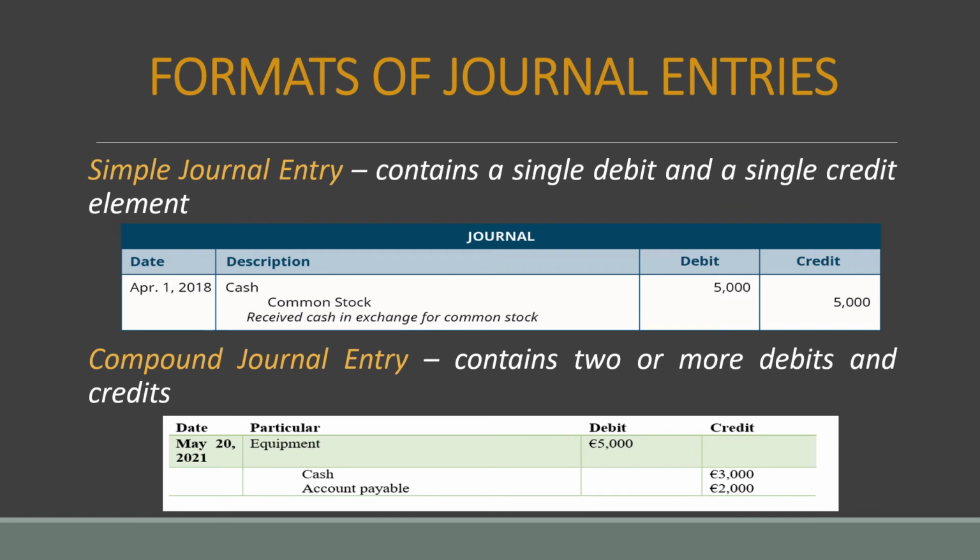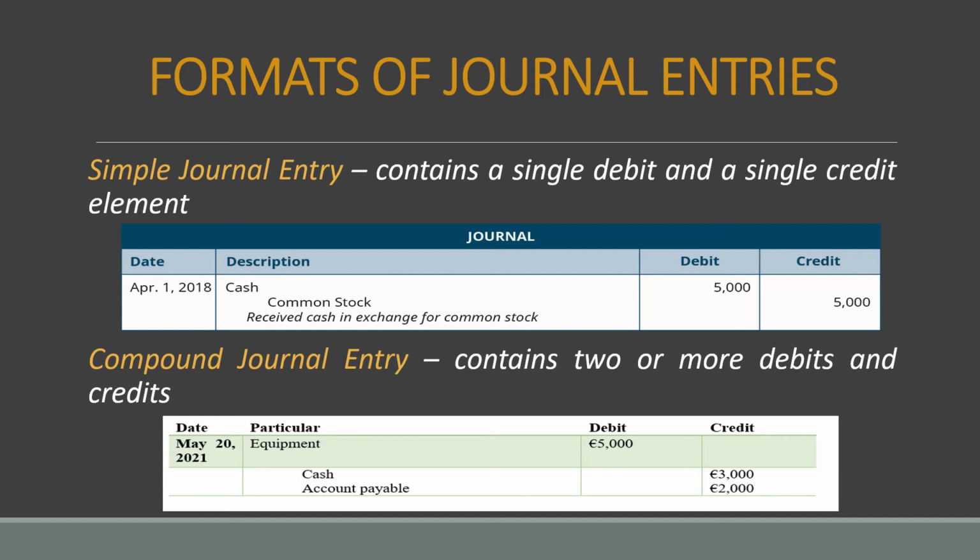So, this is an example of journal entries. Meron tayong tinatawag na simple journal entry and then meron ding compound journal entries. So, ano yung pagkakaiba ng simple journal entry and compound journal entries? Siyempre, yung simple journal entry, it contains a single debit and single credit element.